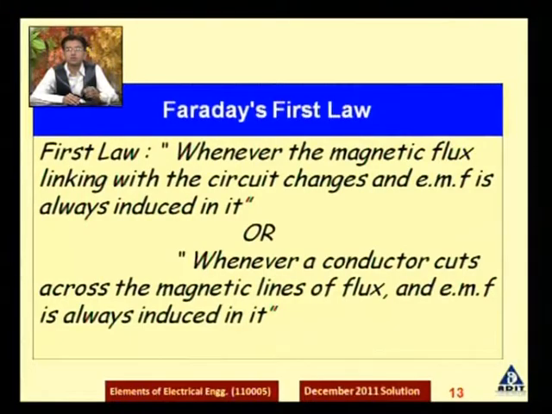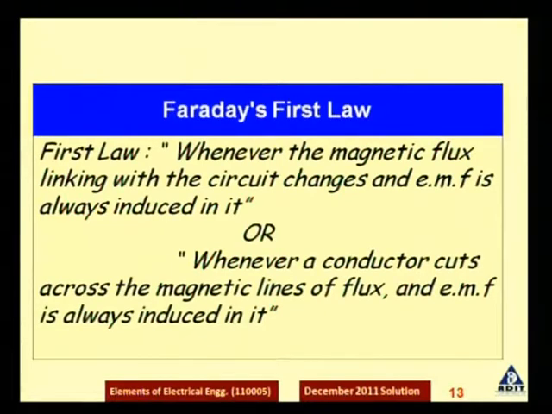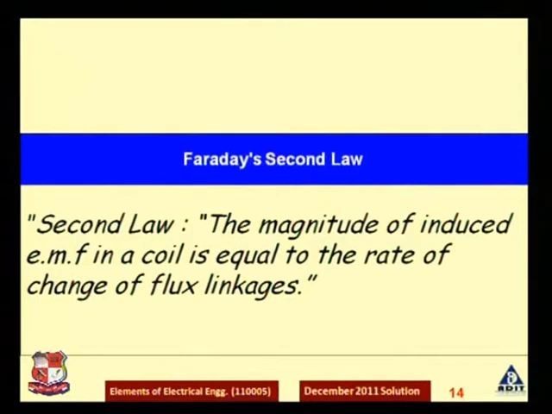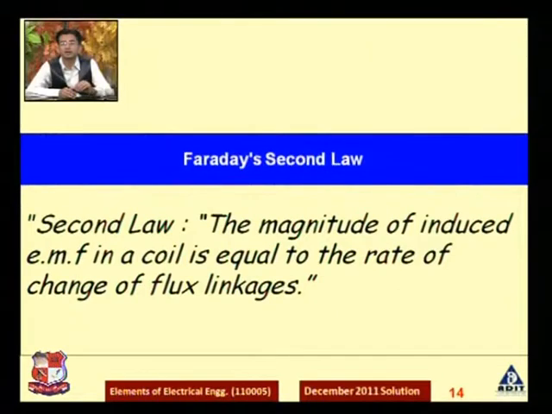Faraday's first law says that whenever the magnetic flux linked with a circuit is changing, an EMF is always induced in the conductor. Or it can be said that whenever a conductor cuts across magnetic lines of flux, an EMF is always induced in it. The second law states that the magnitude of induced EMF in a coil is equal to the rate of change of flux linkage.